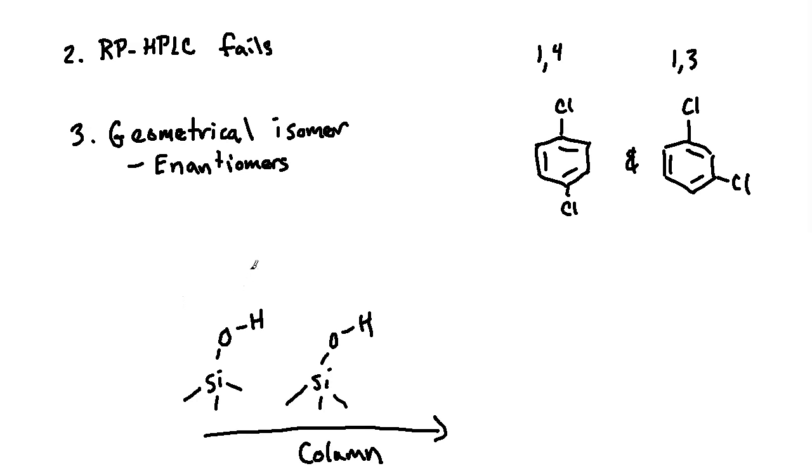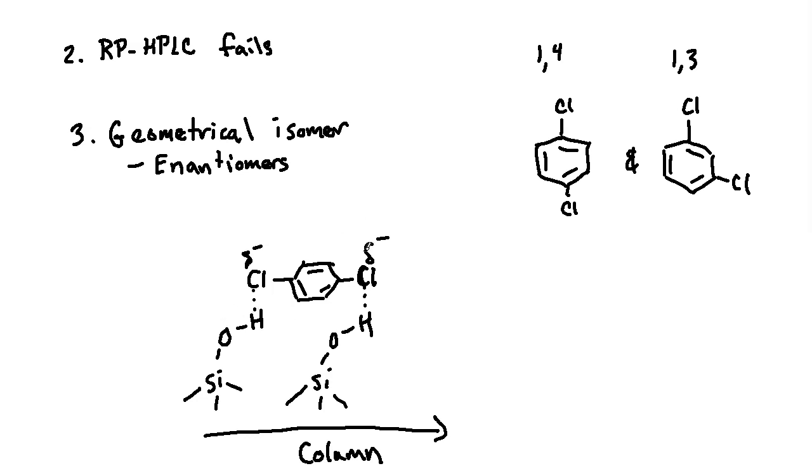So if we have a situation where something comes along through the column, that's a chlorine there in the 1,4 position, and this is just perfectly aligned. If these are partially negative, these are perfectly aligned to have a nice interaction with the silica hydroxyl groups.